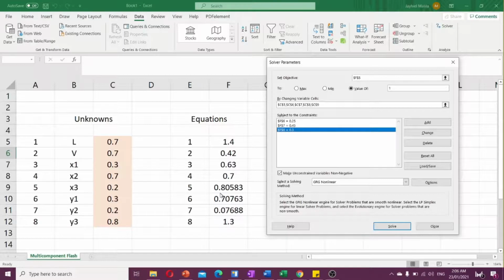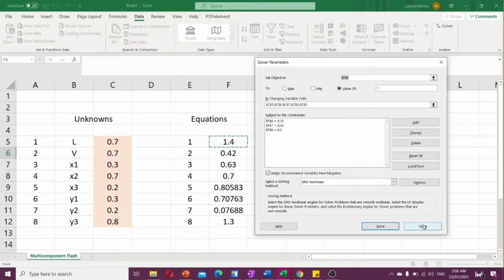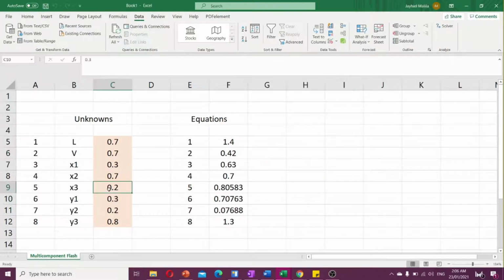I think I have a mistake in establishing this equation. I'll just close this one. If I open it again, they will still be there.